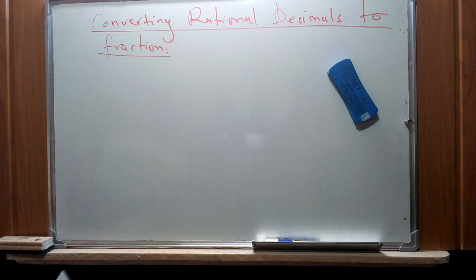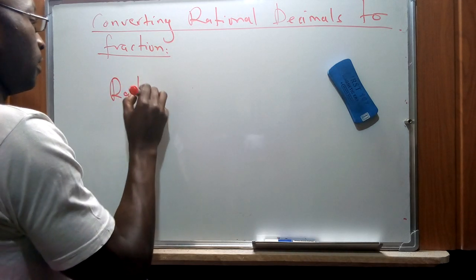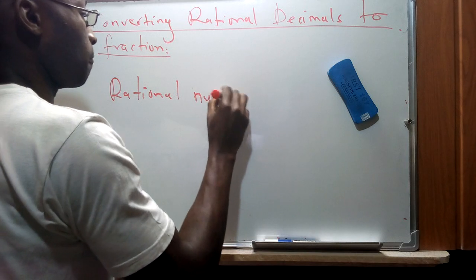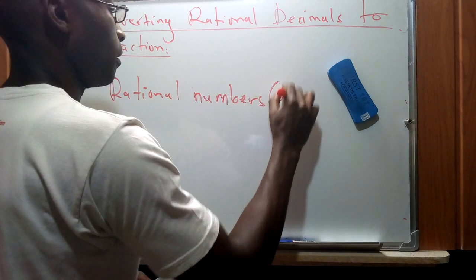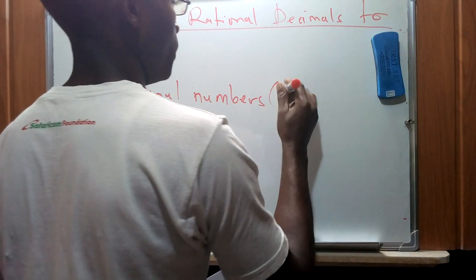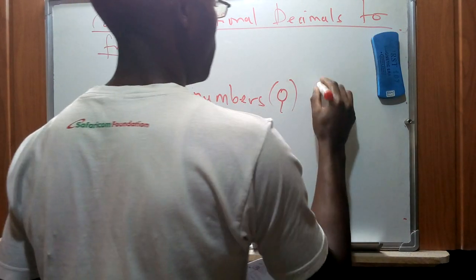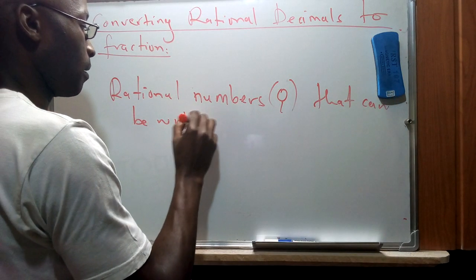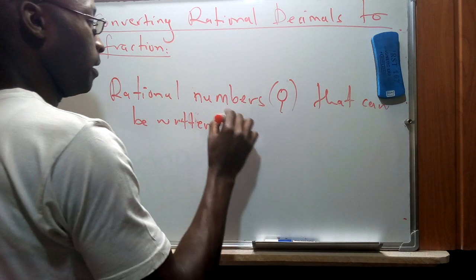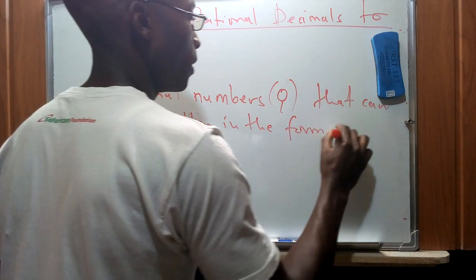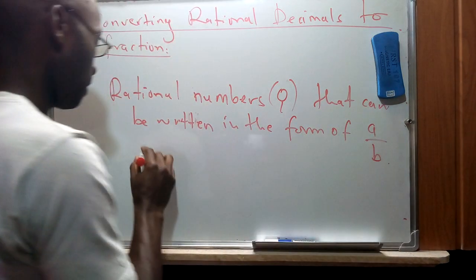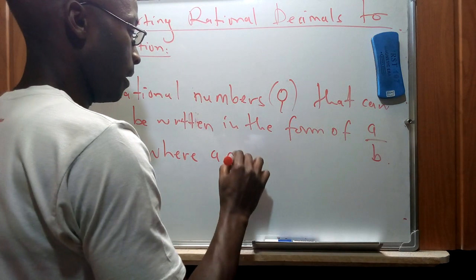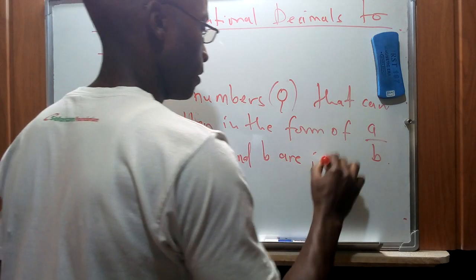Now, rational numbers are the set of all numbers that can be written in the form a over b. We denote this set as Q. It's a set of numbers that can be written in the form of a over b, where a and b are integers.